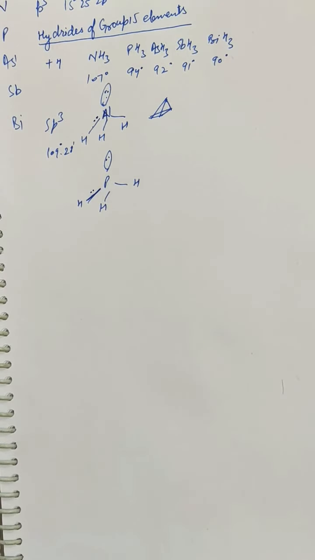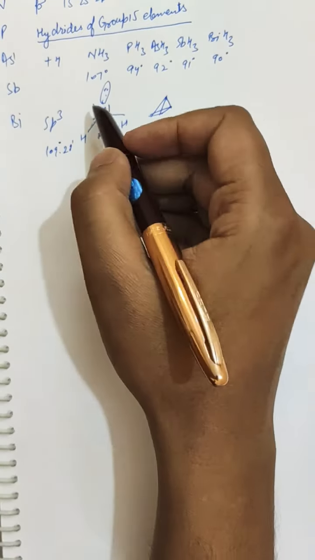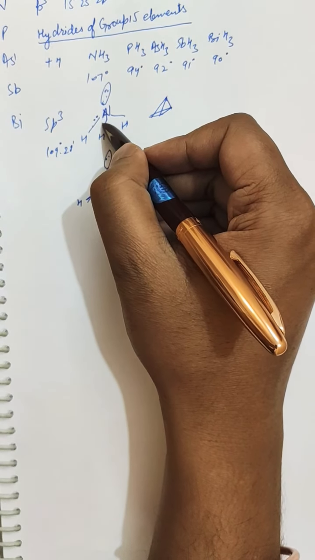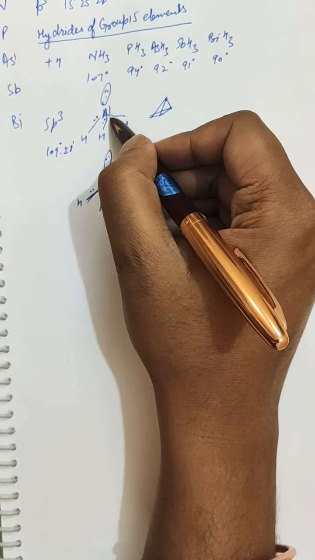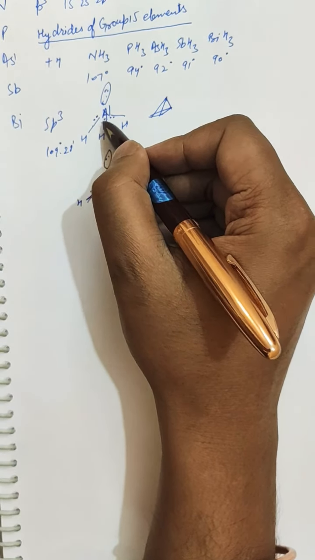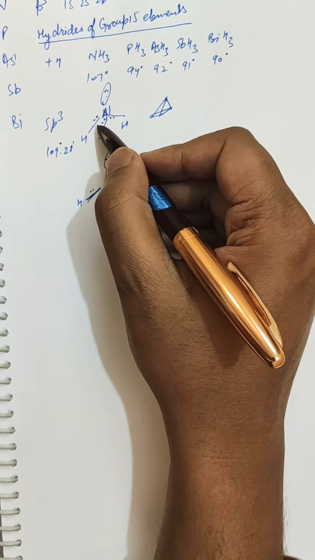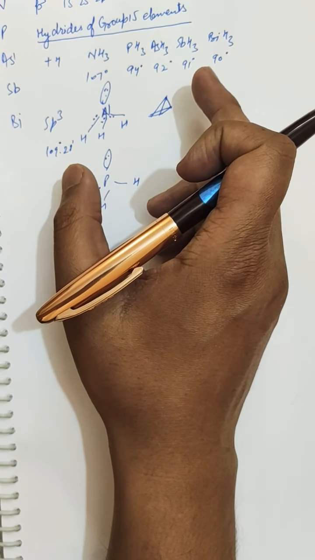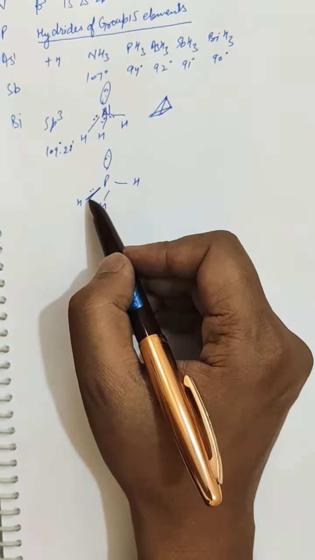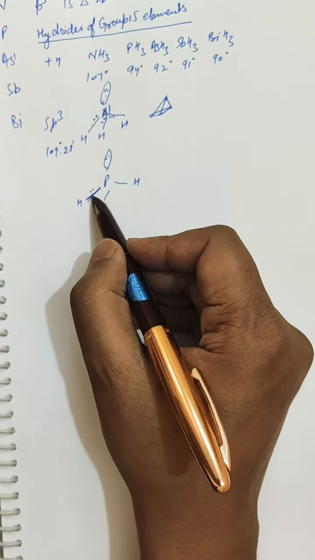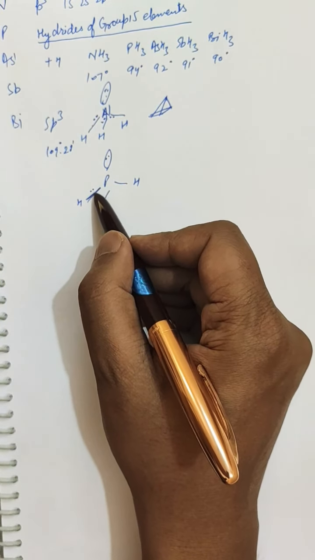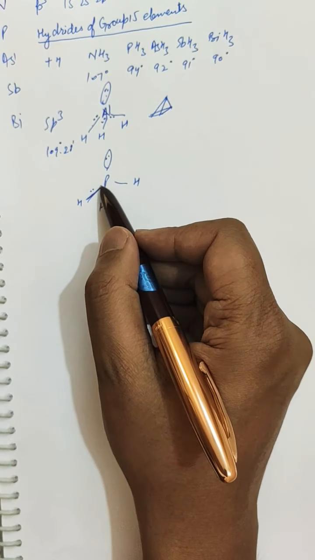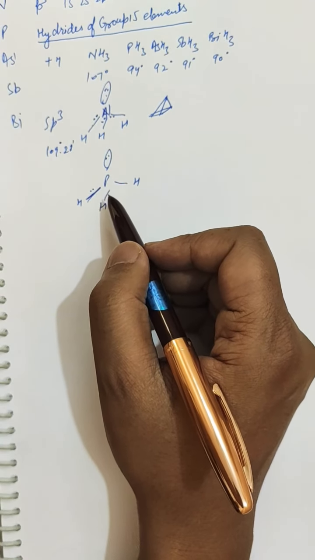So as a result, the force of repulsion between the bonded pairs of electrons in NH3 is larger. These electrons are negatively charged, so this results in more repulsion between the electron pairs, due to which the bond angle increases, whereas here the electron pairs are not close to each other, and they are away from the phosphorus in the P-H bond, so the bond angle is less.